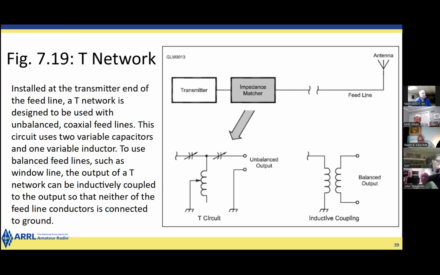So here's a diagram of a T network. So you've got the antenna going to an impedance matcher to the transmitter. So you've got a T circuit. A T network is designed to be used with unbalanced coaxial feed lines.